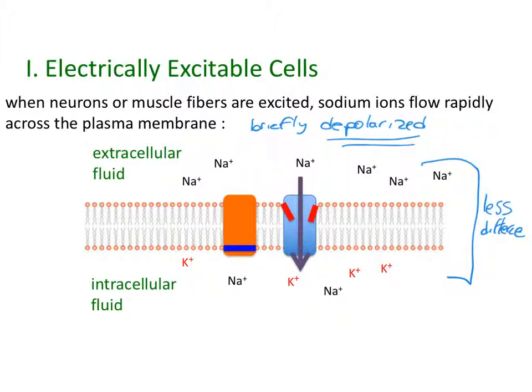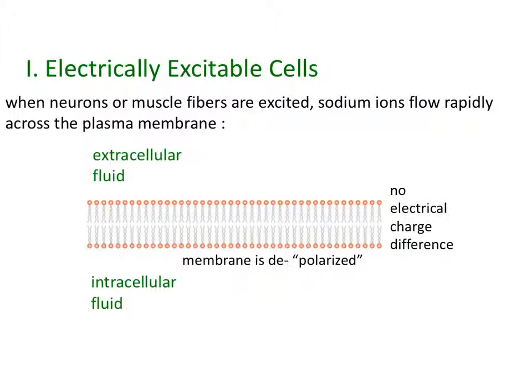Since the plasma membrane typically is negatively charged, less difference means that the membrane is going to become less negative, or closer to 0 millivolts across the membrane. So when a membrane becomes depolarized, there's no electrical charge difference.